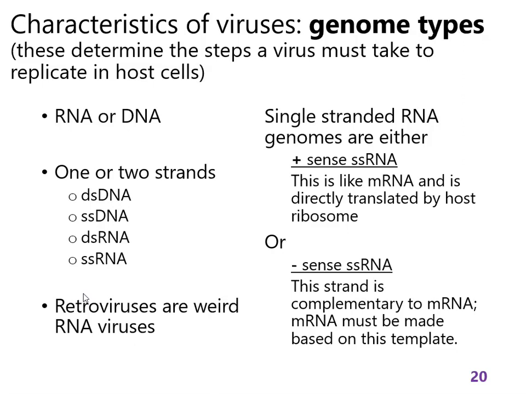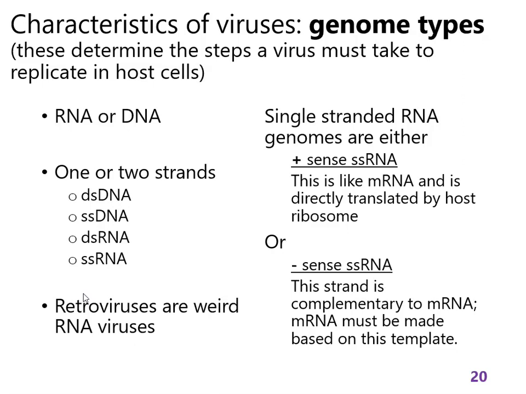So in the next video, which is really optional, I go into biosynthesis in a lot of detail, way more than I typically want students to go into for this class. Once you go through that, you can see the difference between a plus sense RNA and minus sense RNA and why it matters for biosynthesis.